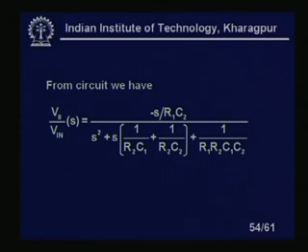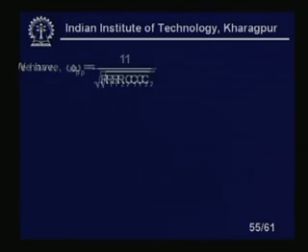Now, from the circuit we can write: minus s upon R1 C2, upon s square plus s [1 upon R2 C1 plus 1 upon R2 C2] plus 1 upon R1 R2 C1 C2.